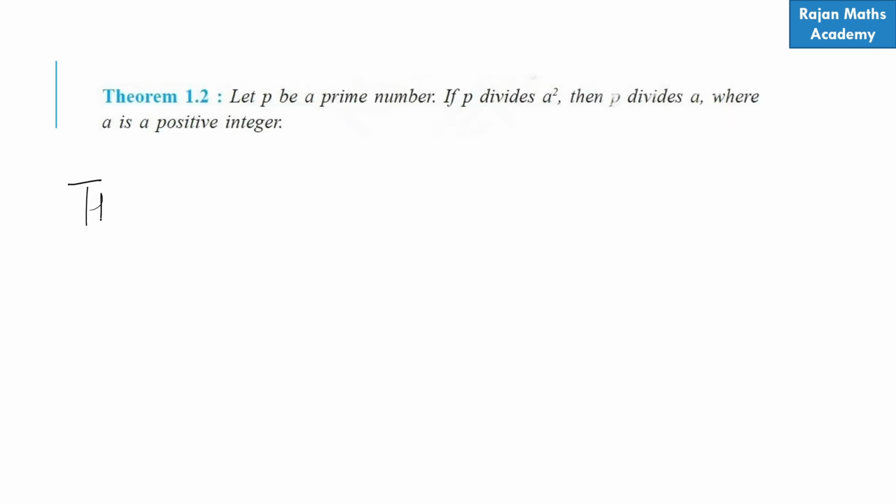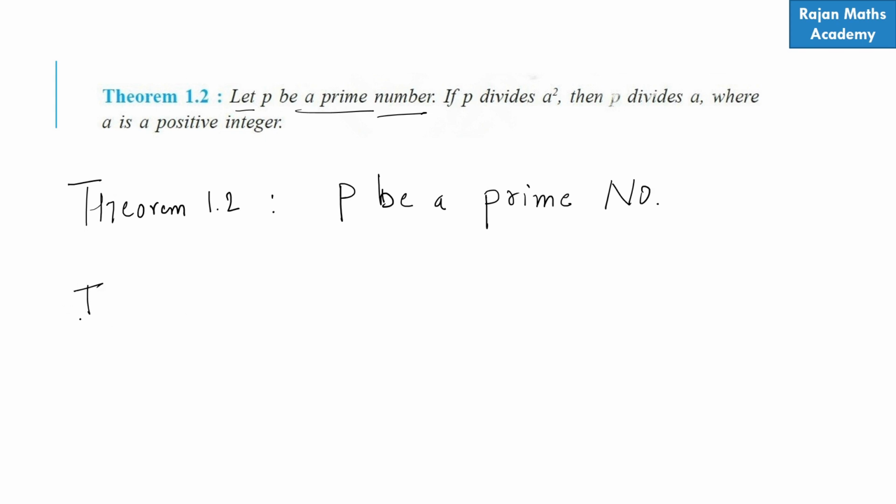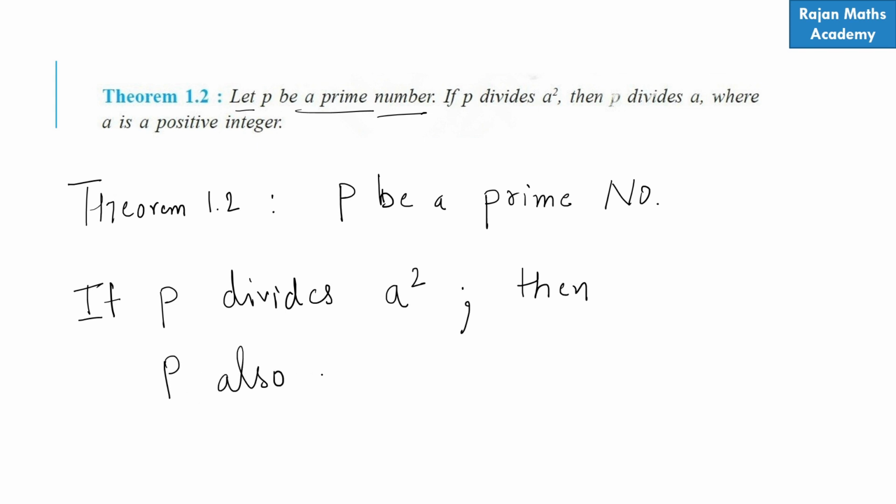Theorem 1.2. Let p be a prime number. If p divides a square, then p also divides a.